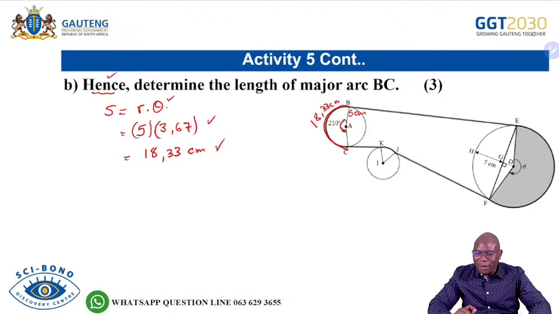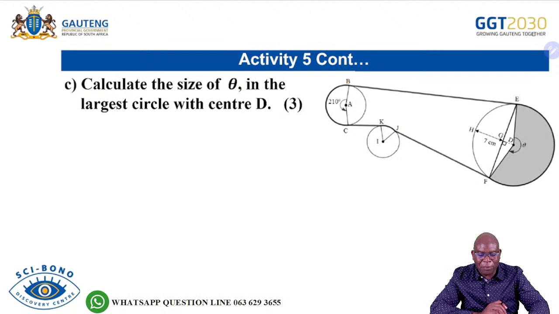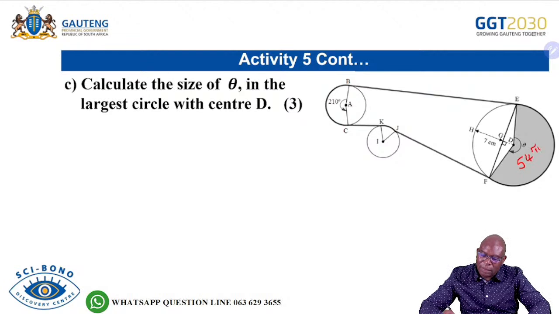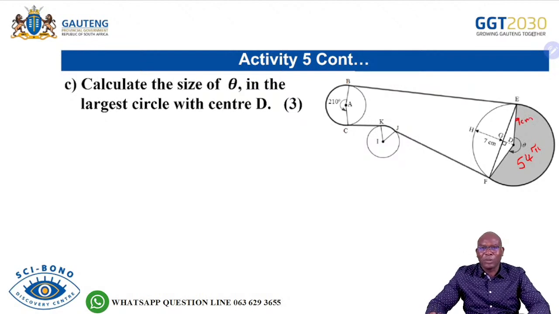Okay. Right, now the next question, still on the same one here. It says calculate the size of theta in the largest circle with center D. Remember here the area given is 54 pi. The radius there is given as 9 centimeters. So what is given there?